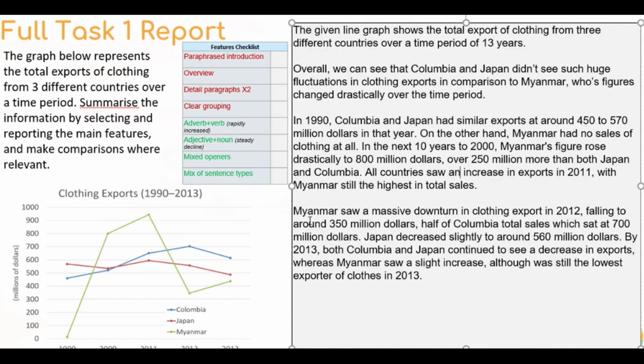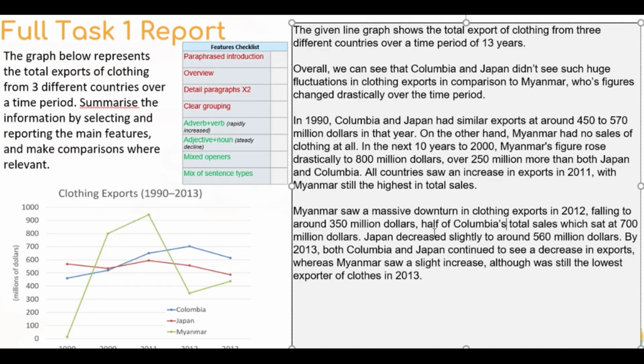Okay, Myanmar saw a massive downturn in clothing exports in 2012, falling to around $350 million. Over half, you could say. Half of Colombia's total sales, which sat at $700 million, so comparing this part of the data.